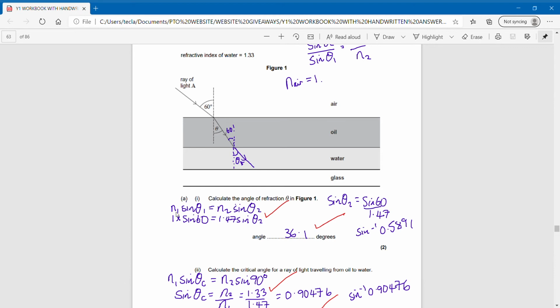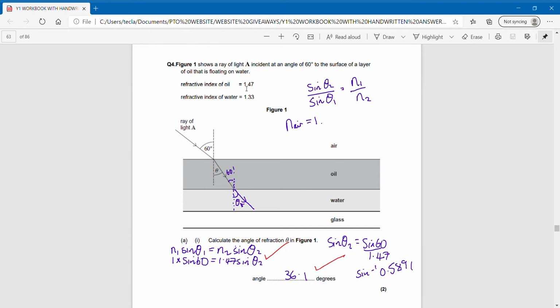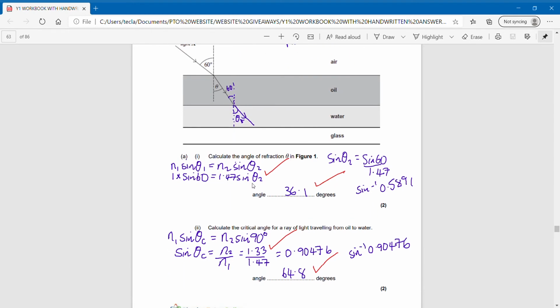n1 is the refractive index of air, which is 1. Theta 1 we're given as 60 degrees, so sine of 60 is equal to 1.47, which is n2, the refractive index of the oil, multiplied by sine theta 2. We're trying to find theta 2.